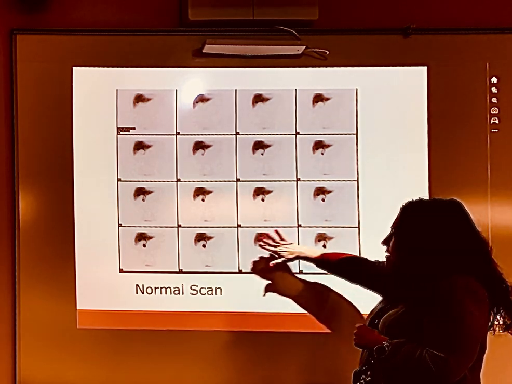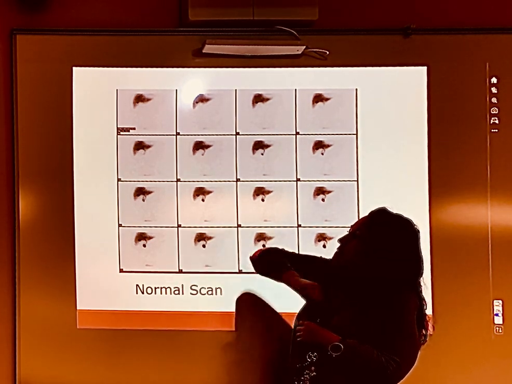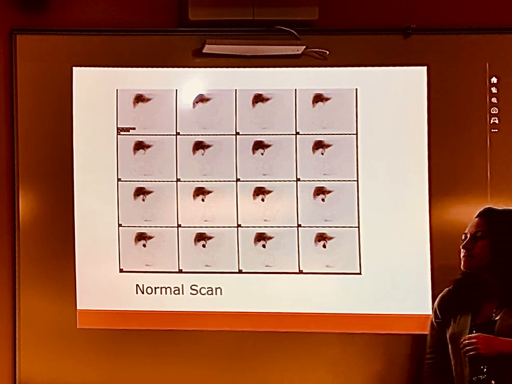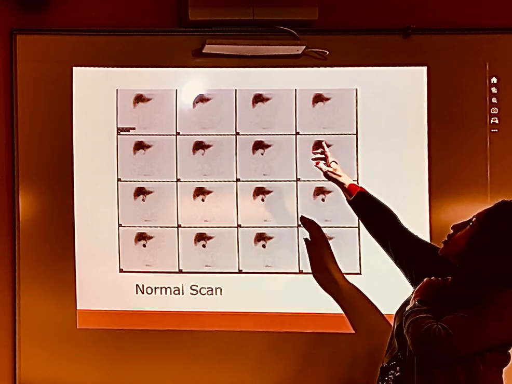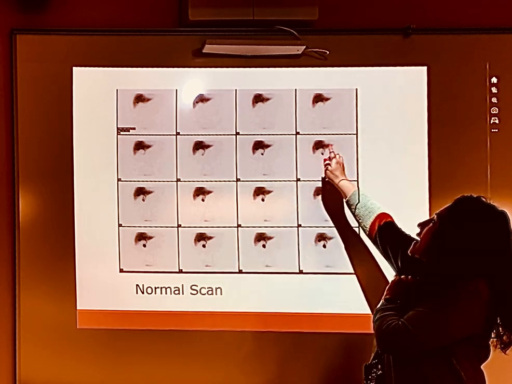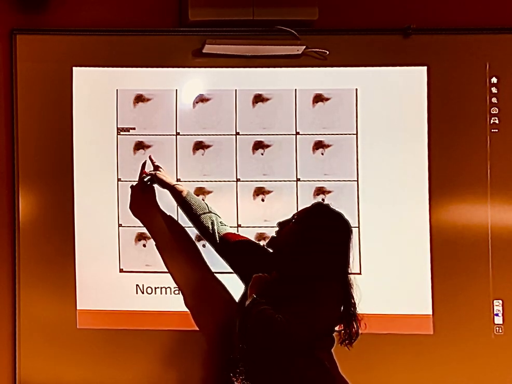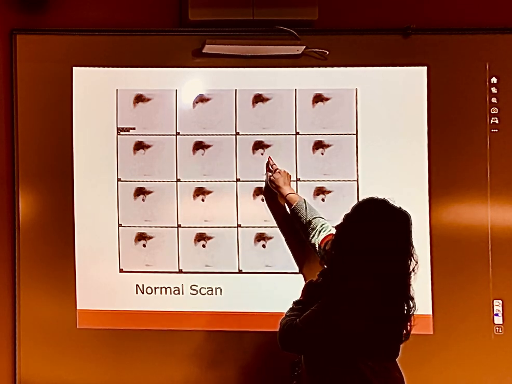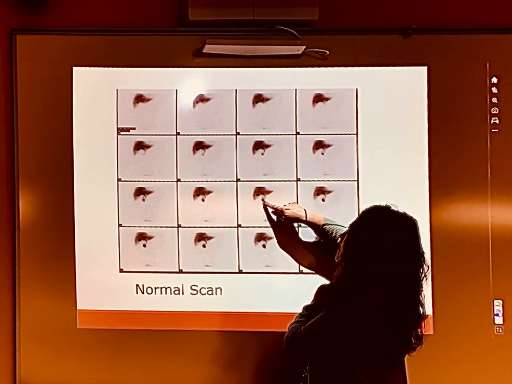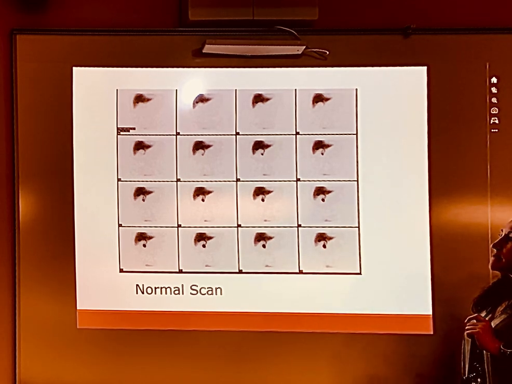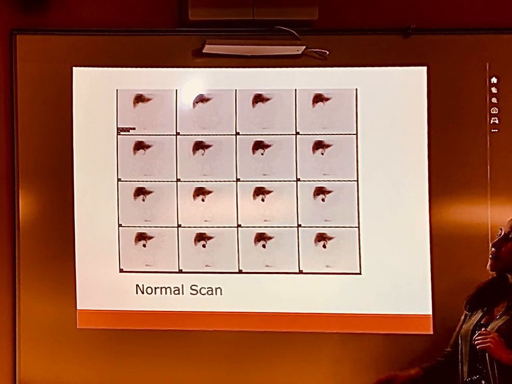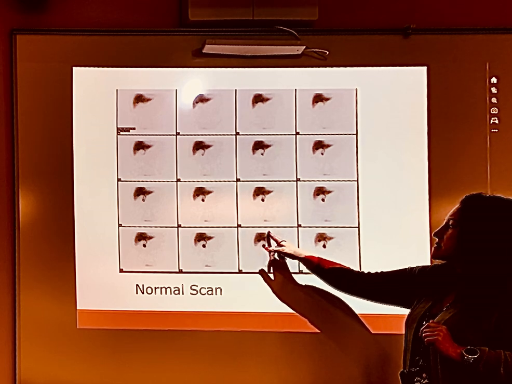So you'd only have that many frames. But you can see you've got liver, and as it starts to clear, you can see gallbladder. As gallbladder starts to empty, here's your common bile duct, and it gets down, and here's your duodenum, and it collects in the duodenum as it goes by, right?